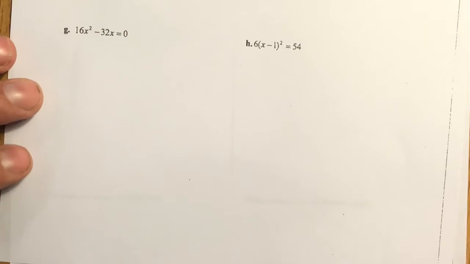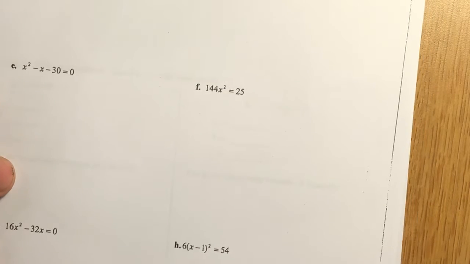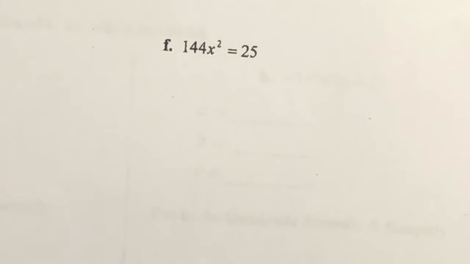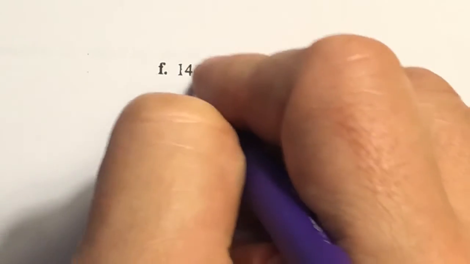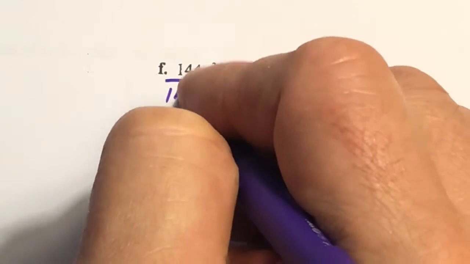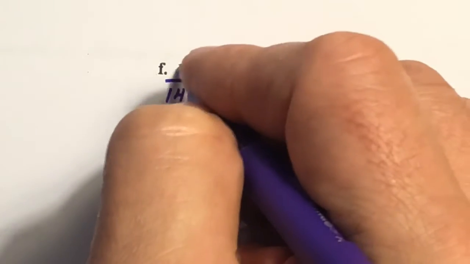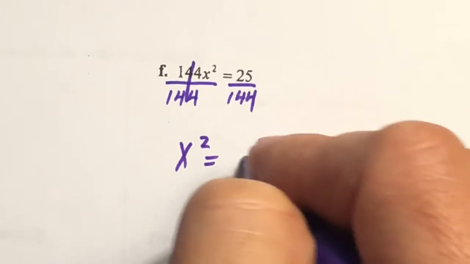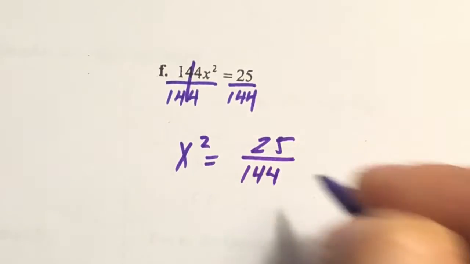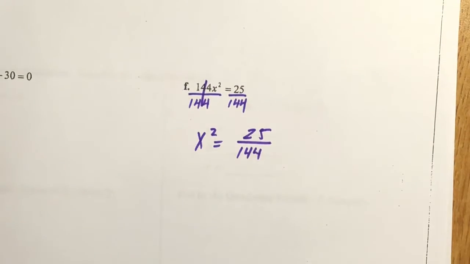Okay, let's go back down here. We'll do 2 more and then we'll end it here. So look at F. All right, look at that one. So I'm going to go ahead and divide 144 to both sides. Okay, so I got x squared equals 25 over 144. Now, hopefully you notice those two numbers are perfect squares, right?